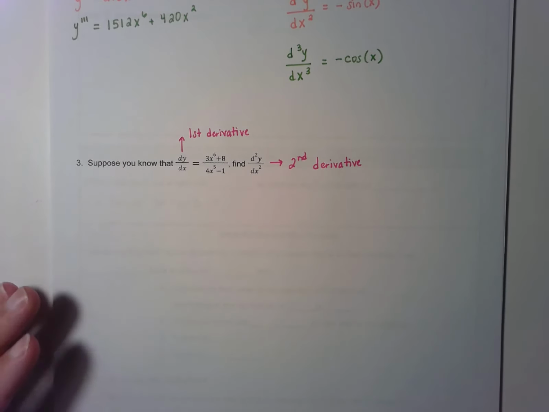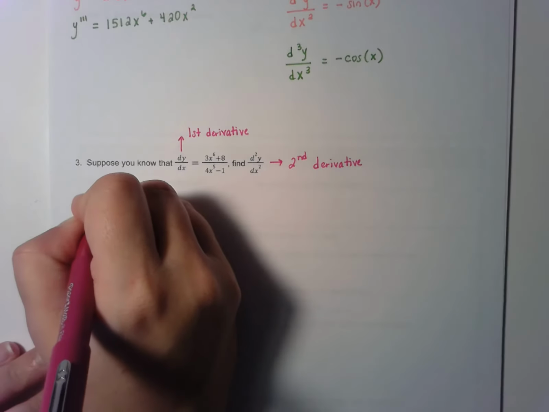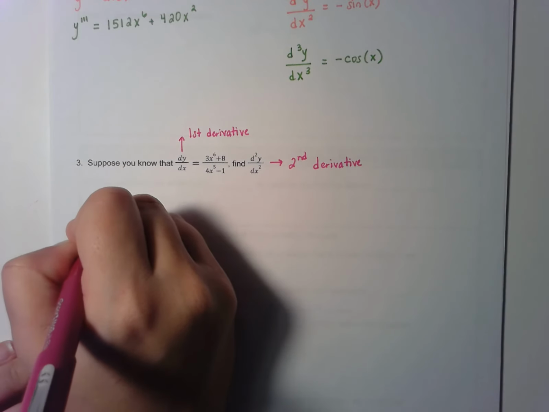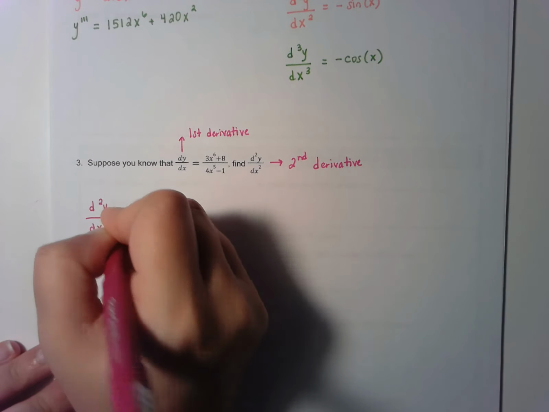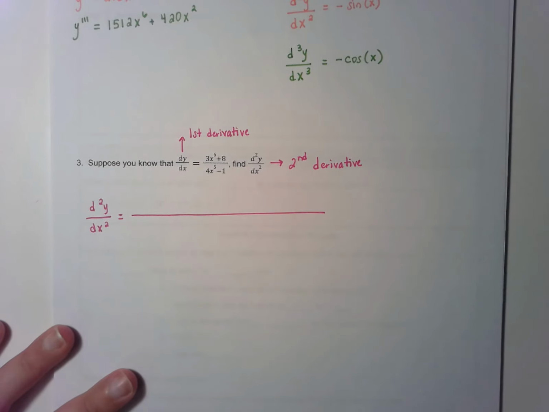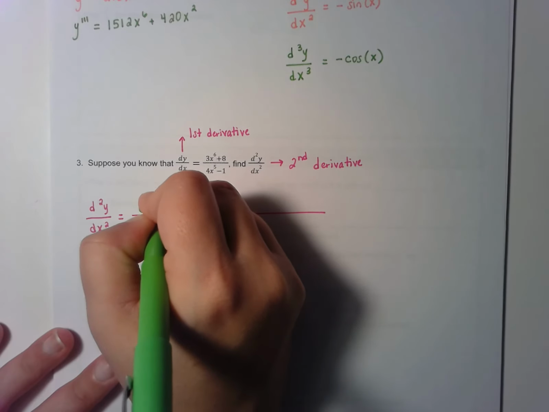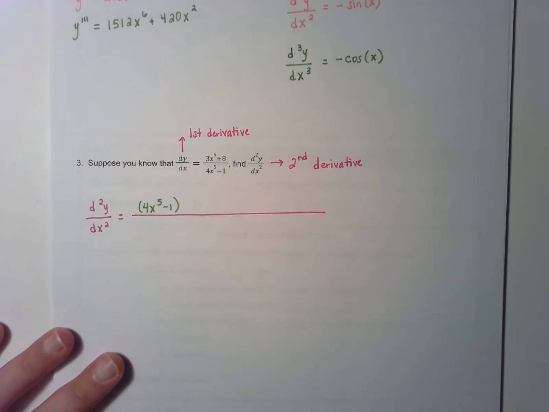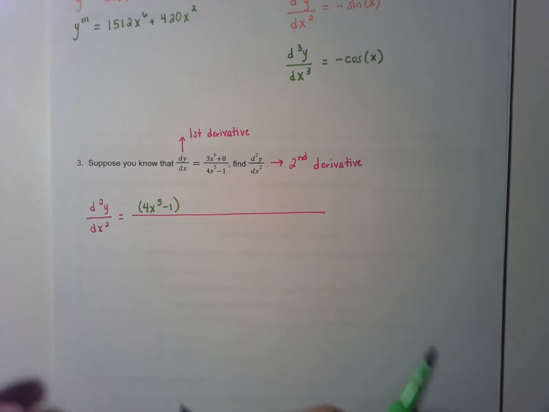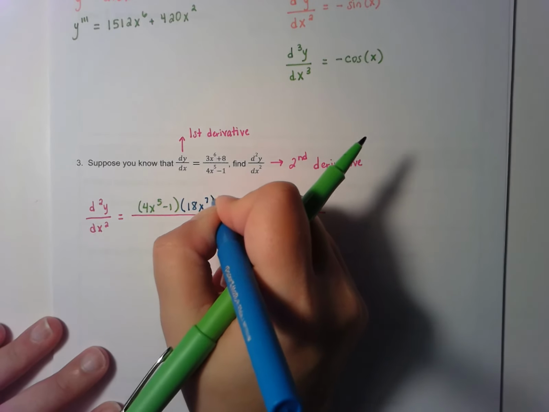Now in this case, we just have to take the derivative of the first derivative to get the second derivative. So the second derivative here would be, in order to do this problem, I'm going to need to use quotient rule. So I'm going to do low, which is 4x to the fifth minus 1, d high, so the derivative of the top would be 18x to the seventh.